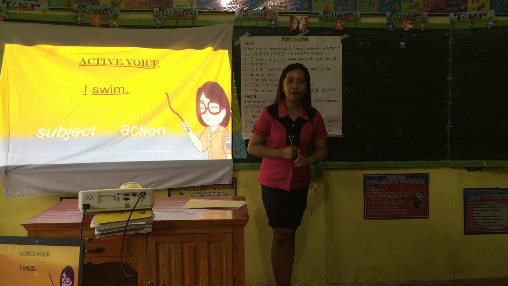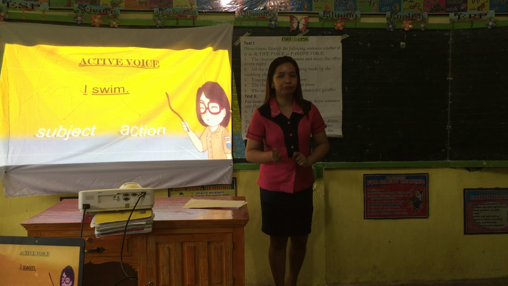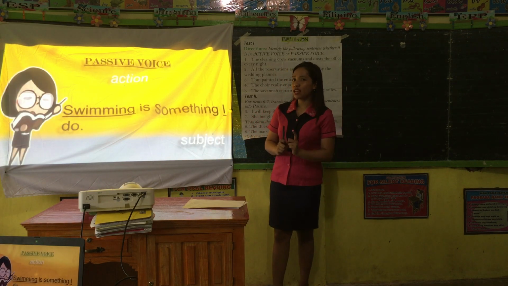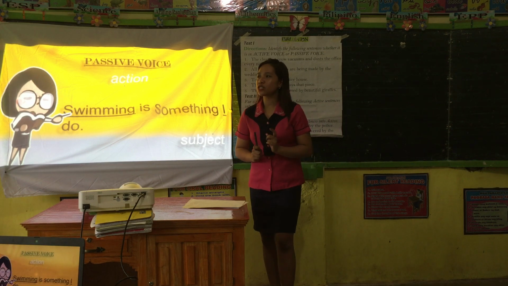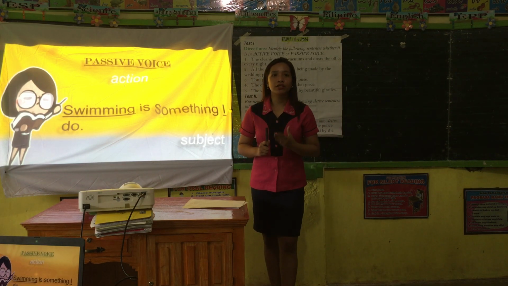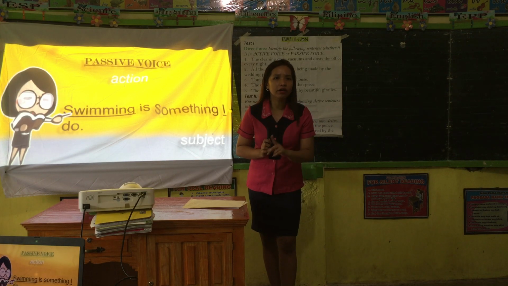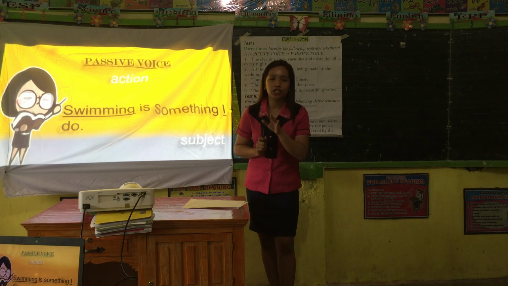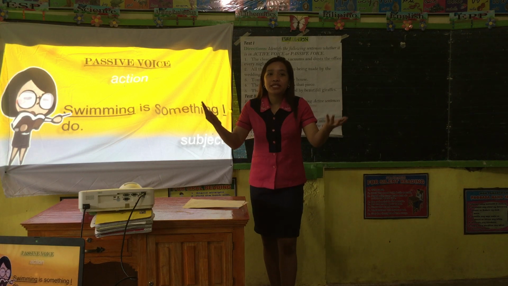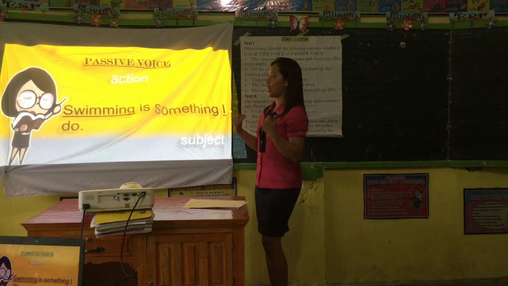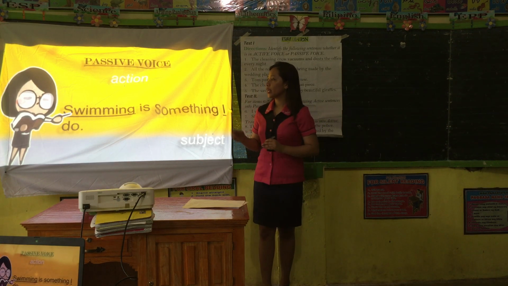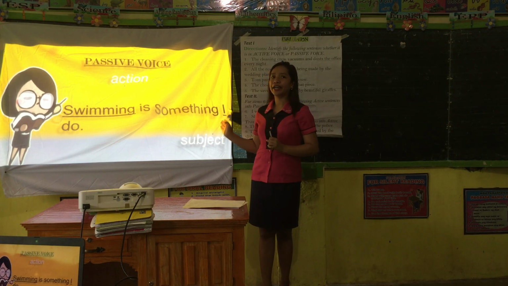Now, how about the passive voice? When a sentence is in passive voice, the subject is no longer performing the action, or is no longer the doer of the action, but the recipient of the action. For example, swimming is something I do.